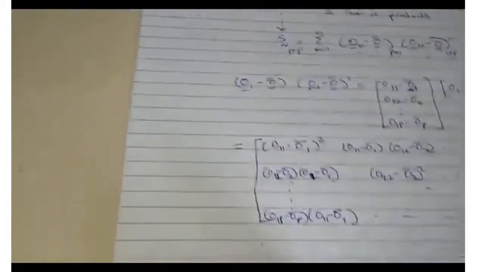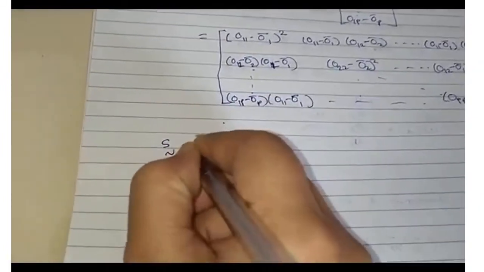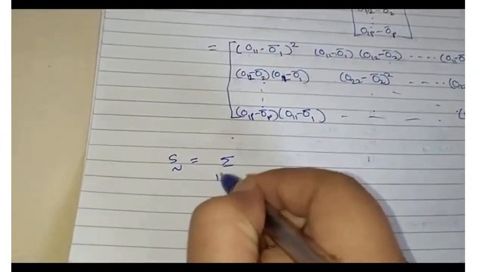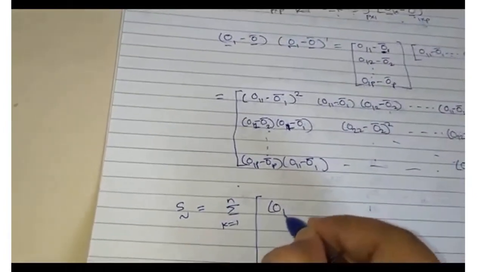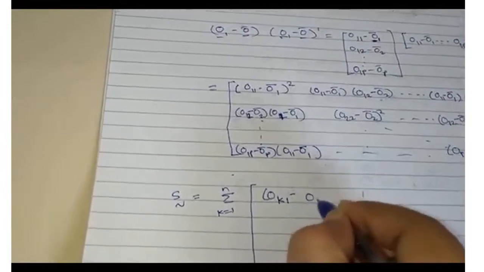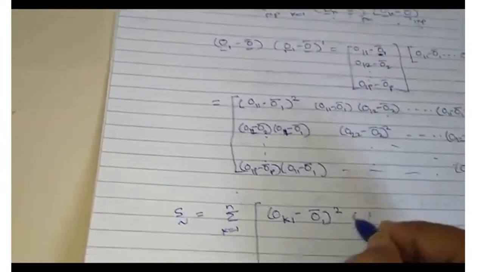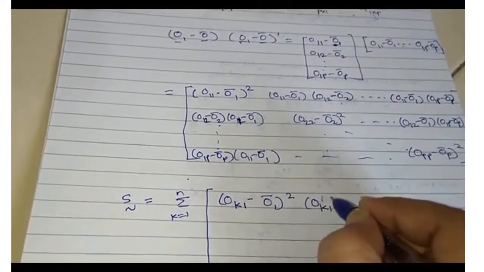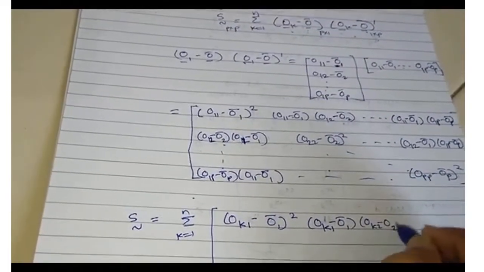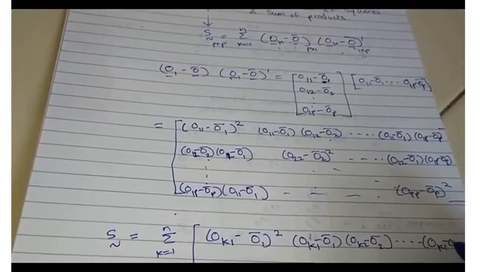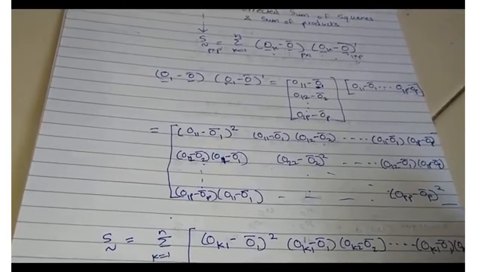So in general, I am going to write my S as the sum over k going from 1 to n of the matrix with entries (Ok1 minus O1 bar) square, then (Ok1 minus O1 bar) into (Ok2 minus O2 bar), and so on, (Ok1 minus O1 bar)(Okp minus Op bar), and so on.